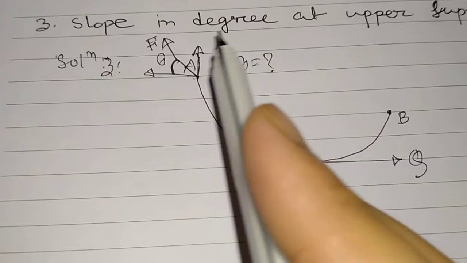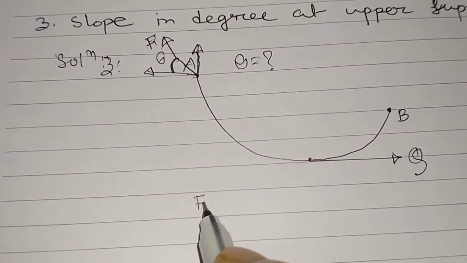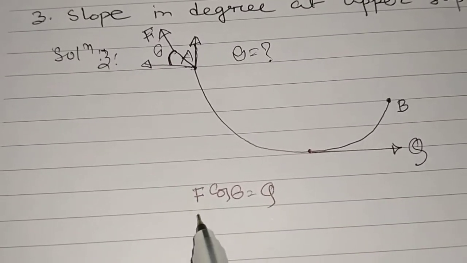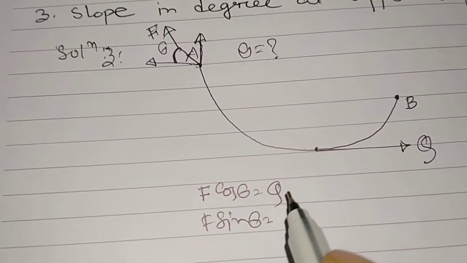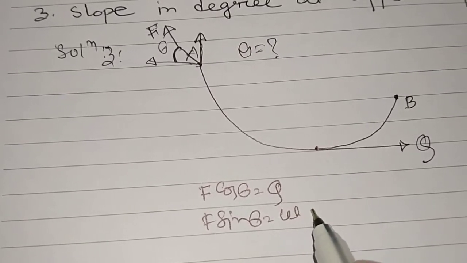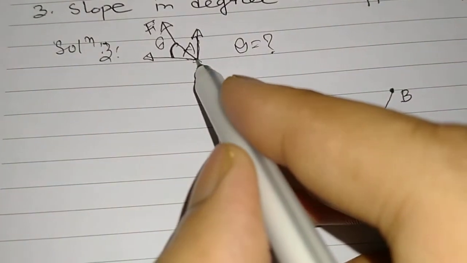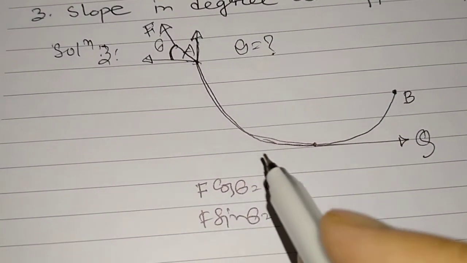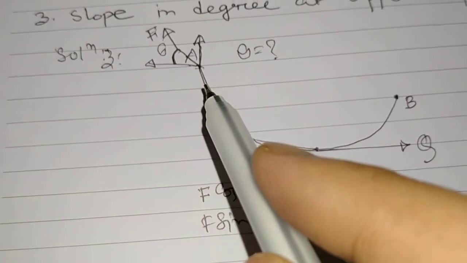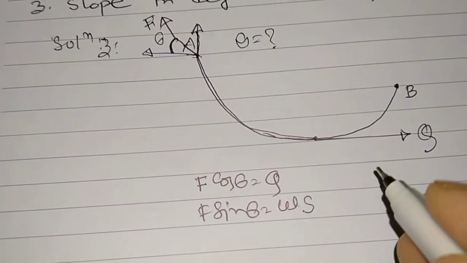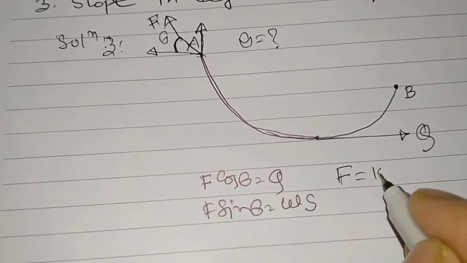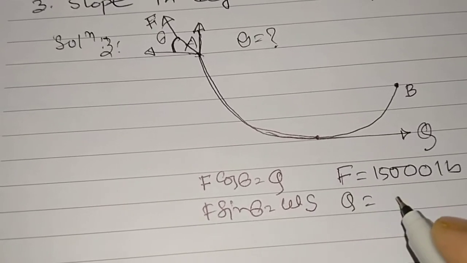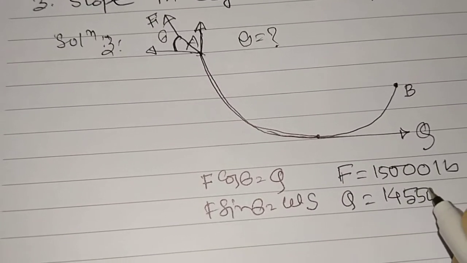We can write from this catenary F cos theta equals Q and F sin theta equals W S. S is the length of the cable, this length, and W is the weight of the cable per foot, and we have maximum tension F, which is 15,000 pounds, and Q equals 14,550 pounds.